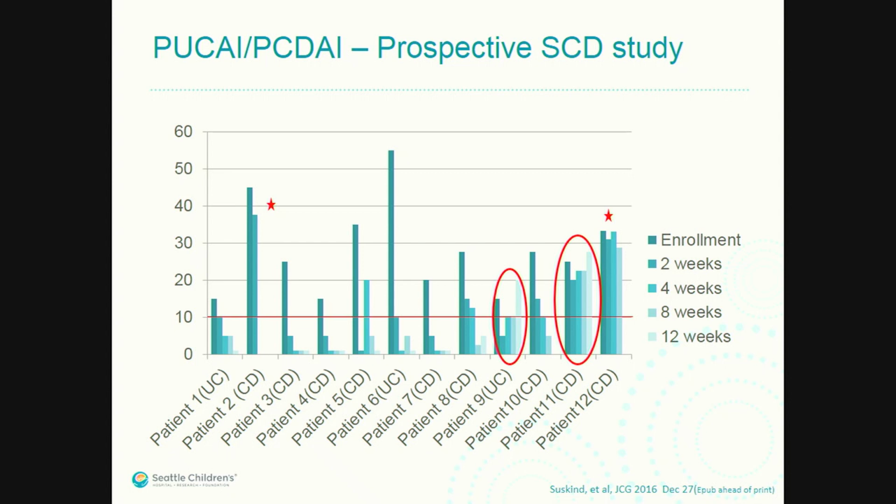We also noted that 2 individuals actually didn't respond to the diet. And this is important too, because when we make decisions in inflammatory bowel disease, we want to base our decisions on how the individual is doing, not necessarily looking at groups. And so that's important to keep in mind.